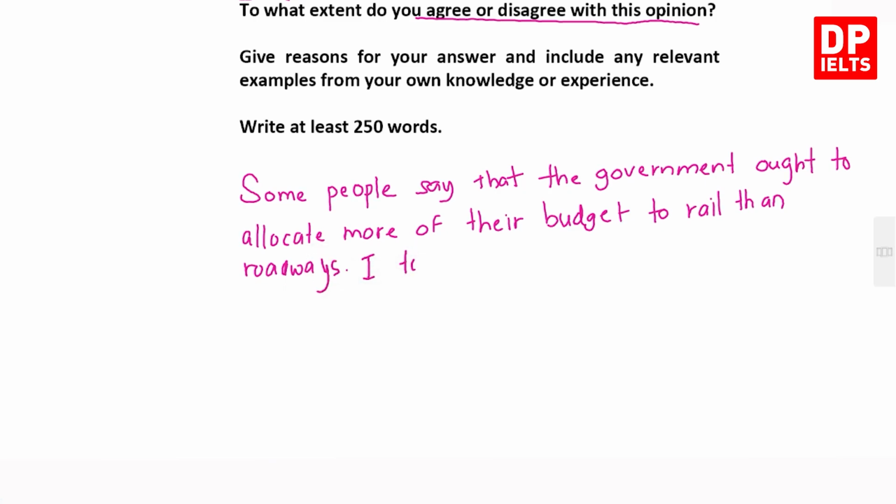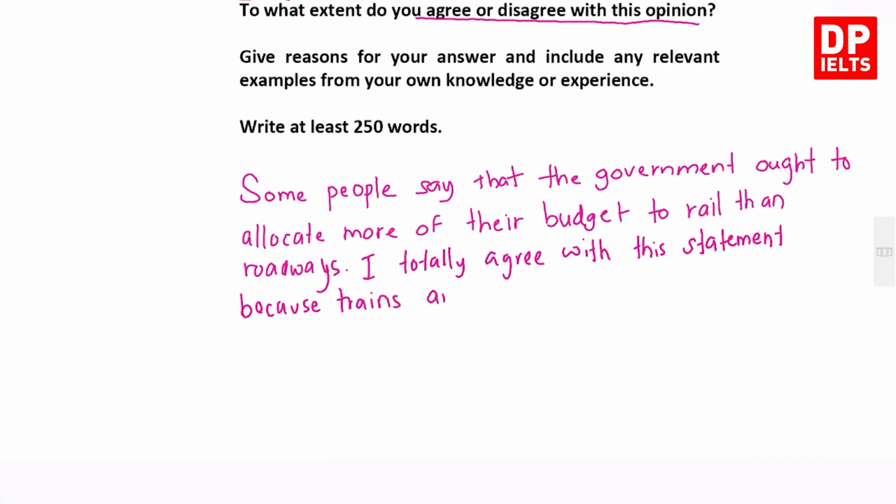I totally agree with this statement because trains are faster and more environmentally friendly.